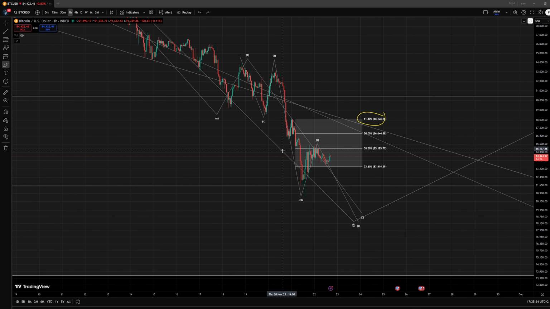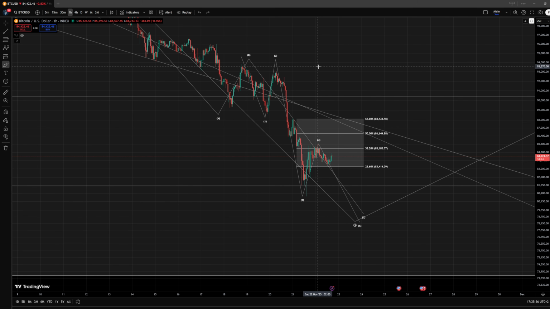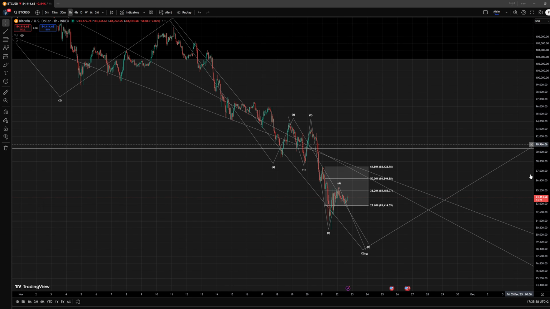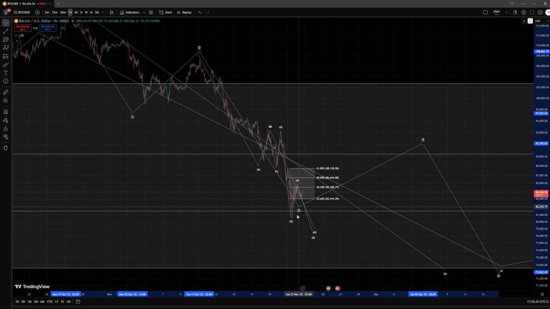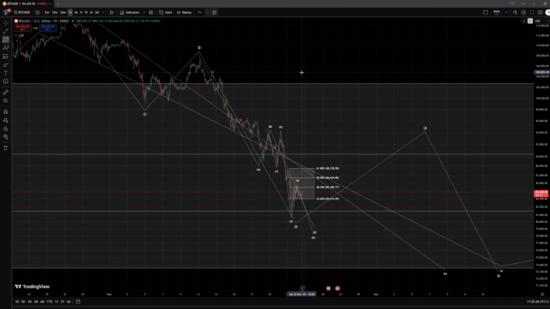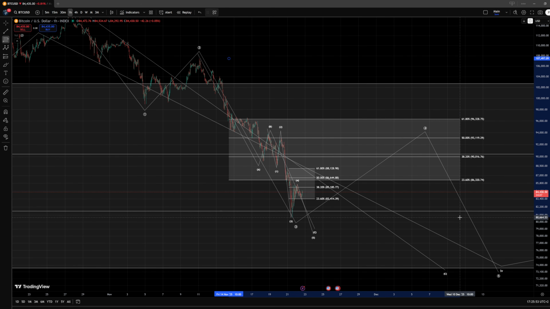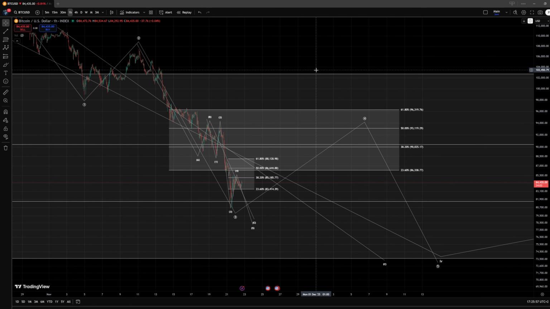Now, as I was saying, in the short time frame, this is my preferred interpretation. If we break above the 61.8% retracement, we have to consider that the wave 3 has bottomed instead, and we need to be looking out for the larger correction in the wave 4. In that case, I am still tracking an ending diagonal even on the larger time frame within the wave C, and I am looking for resistance levels between the 86.3K level all the way up to the 96.3K level at the 61.8% retracement.